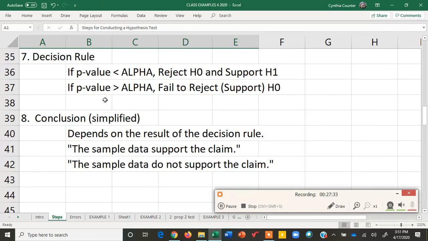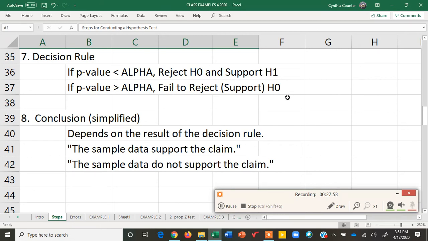If, however, our p-value is greater than alpha, as in our example, we will fail to reject the null hypothesis. So formally, we say fail to reject, but for many students, it's easier to just think, well, we're not supporting the alternative, so we must be supporting the null.